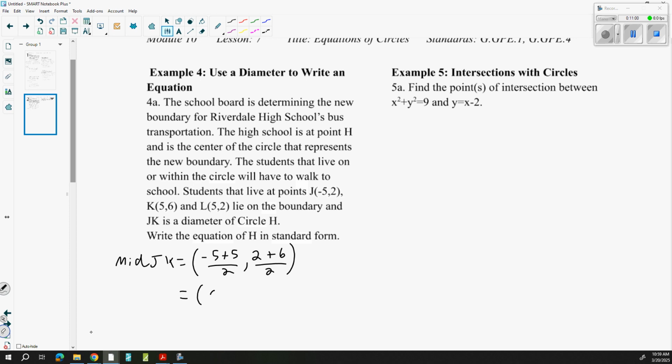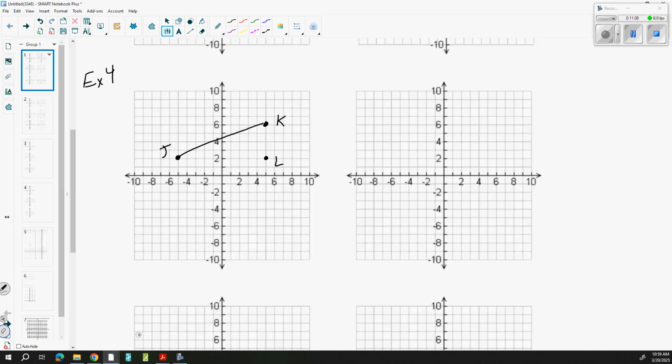That's going to be (0, 4), which kind of makes sense if we look at our picture that I kind of drew. So (0, 4) is actually where H is. So that'll help us out a little bit there.